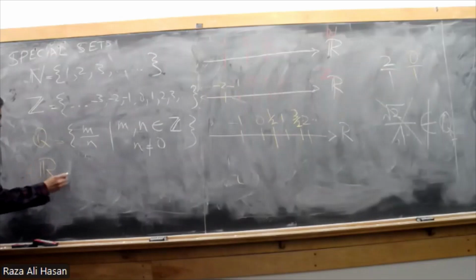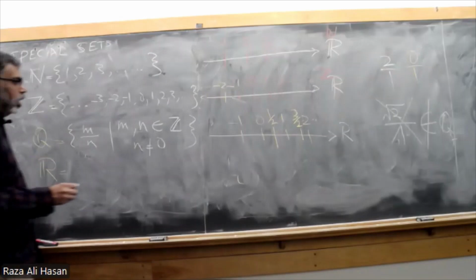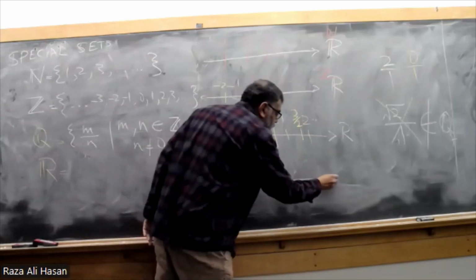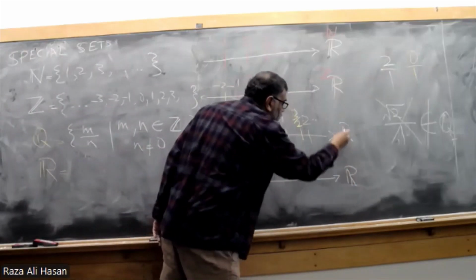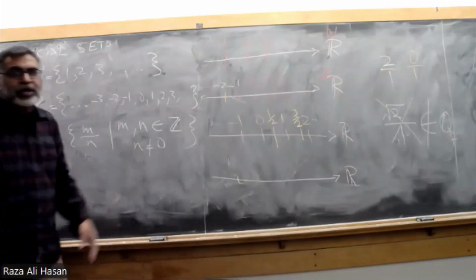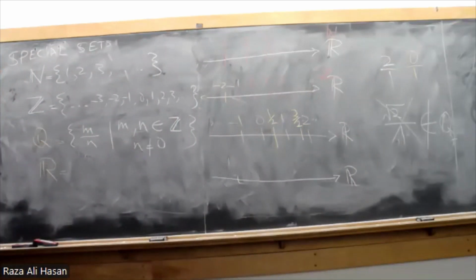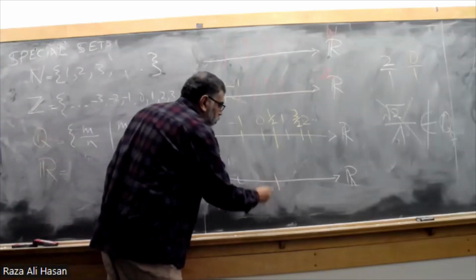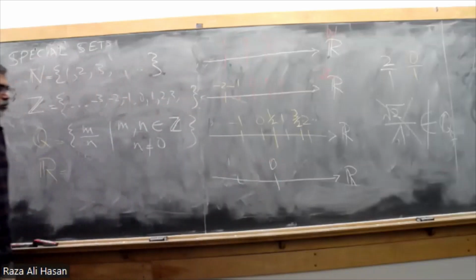Now we come to the real number business. So how do we represent real numbers? Let's do the picture first. Here's a real number line. Every number on the real number line is a real number. So it's all in white.